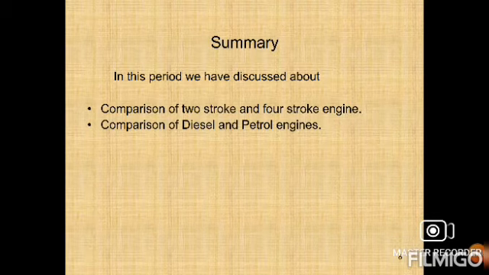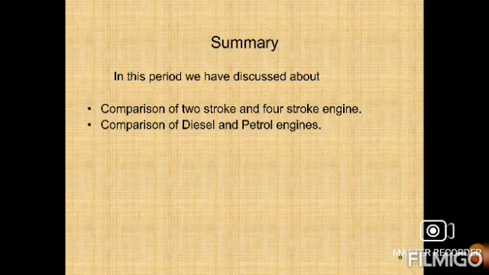Next, in petrol engines a mixture of air and fuel is introduced during the suction stroke and requires a carburetor. In diesel engines only air is introduced during the suction stroke, and a fuel injector is required, so the fuel directly enters the engine cylinder. There is no need for a carburetor in diesel engines; a carburetor is required only in petrol engines.